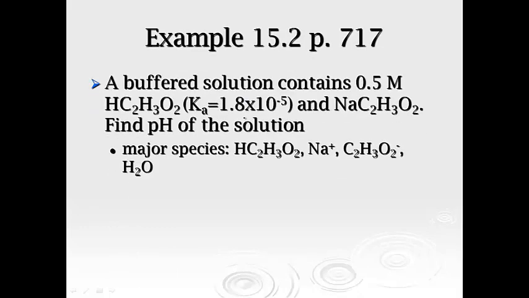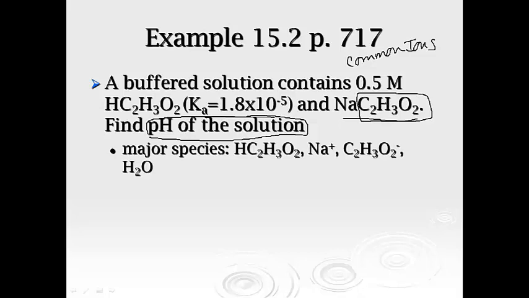Okay, so if we look at 15.2, you have a buffered solution that contains 0.5 molar acetic acid and sodium acetate, and we have to find the pH of the solution. We do buffers now because buffers are also a common ion problem, because we're going to have acetate dumped into that solution, which is going to influence how much the acetic acid is going to dissociate.